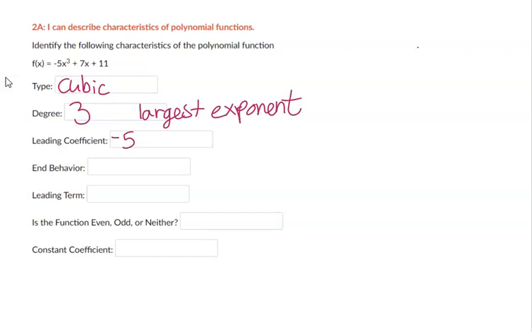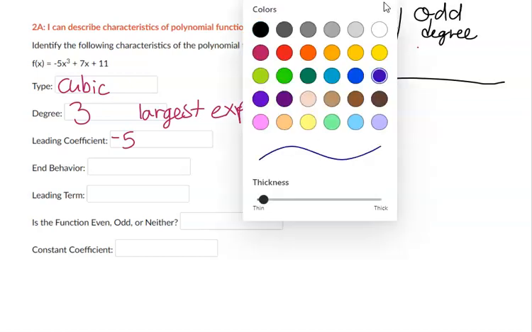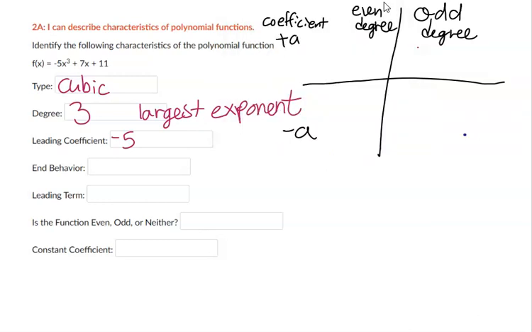And the end behavior, we'll look at this chart right here. So we'll go ahead and draw out this chart. When we have an even degree and a positive coefficient, you're going to have up, up. It doesn't actually matter what happens in the middle. It's just the end behavior is going to be going up at the beginning and up at the end. For a negative coefficient and even degree, it's going to be going down and down.